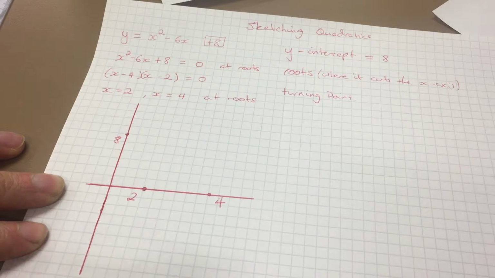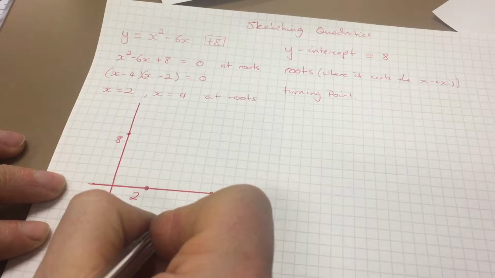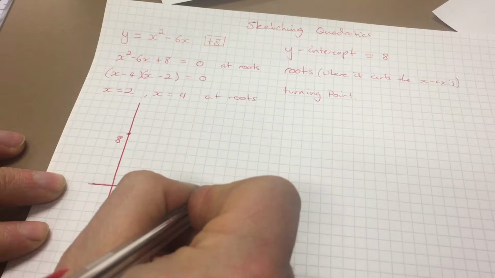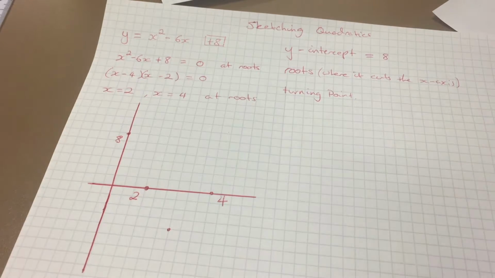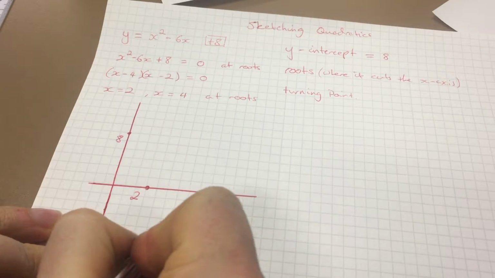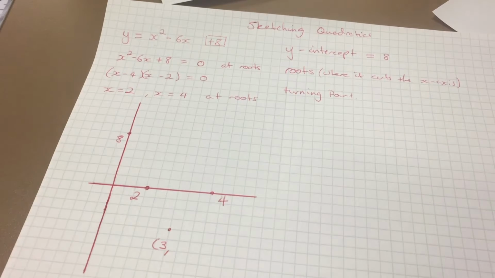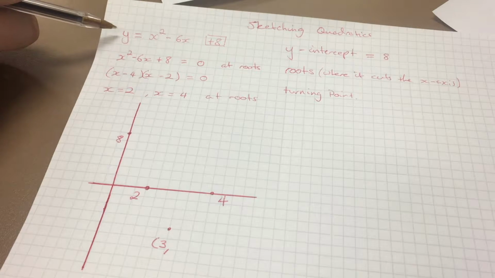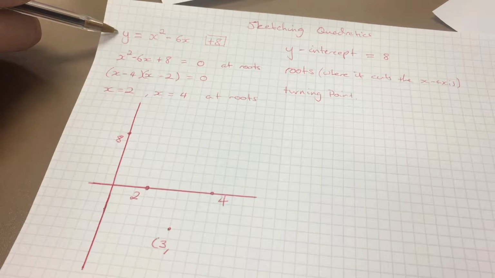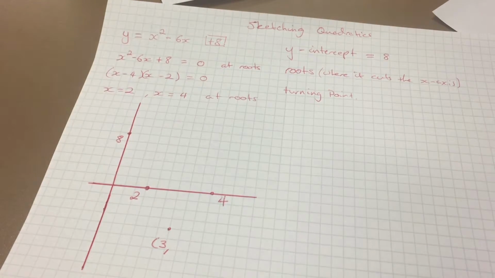And I now need to find out where my turning point is. Now I'm just going to mark on roughly where I reckon it will be. It will occur somewhere halfway between 2 and 4. Well, what's halfway between 2 and 4? It's 3. Well, my x-coordinate is 3, so what's the corresponding y-coordinate? Well, for every quadratic, you can find the y-coordinate by substituting the appropriate x-coordinate into the original equation.